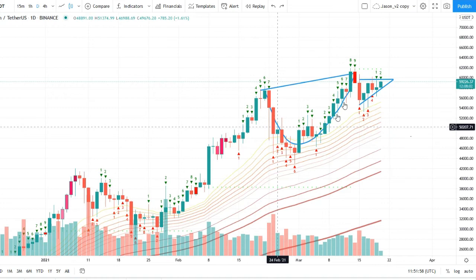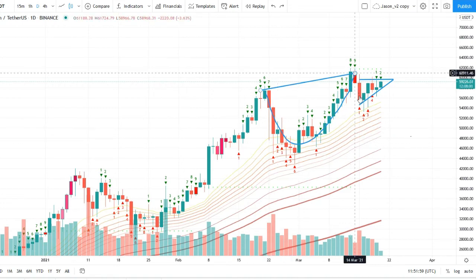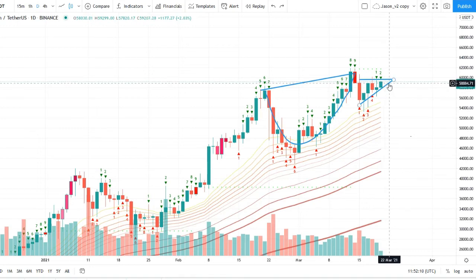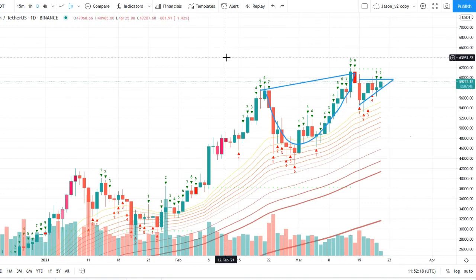I do believe, although a bit of a disjointed cup and handle, this is still a pretty valid pattern. So we should be seeing some movement, either upside or downside movement in the next few days. So I'd say by the 22nd of March or 23rd of March, we would know which direction we're going by then.